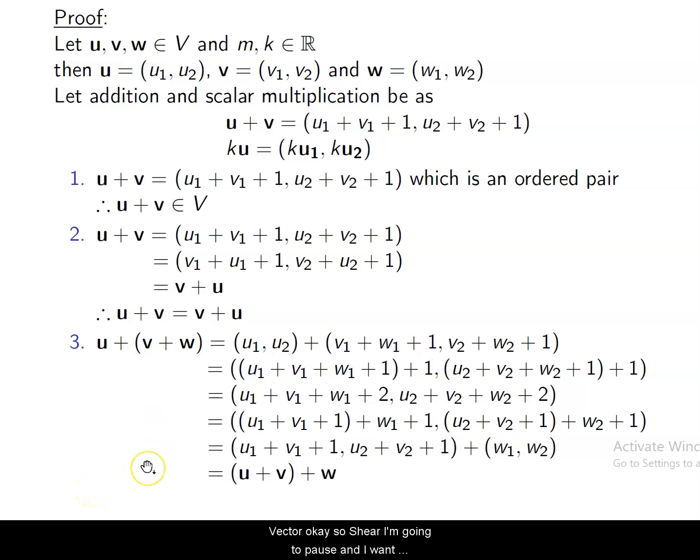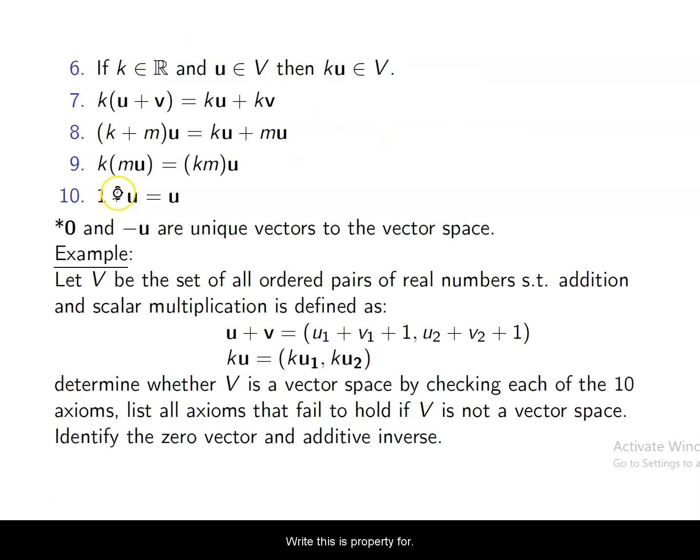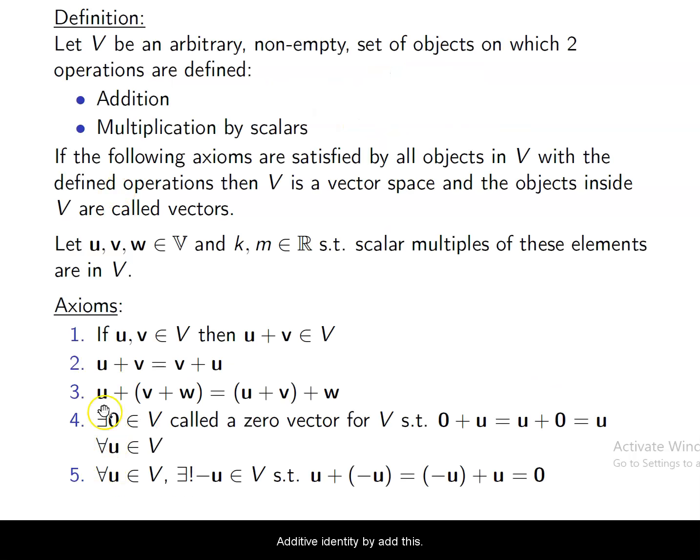Okay. So here I'm going to pause and I want you to think of what the 0 vector would look like. So you need something so that when you add it to a vector, you get out your original vector, right? This is property 4, the additive identity.